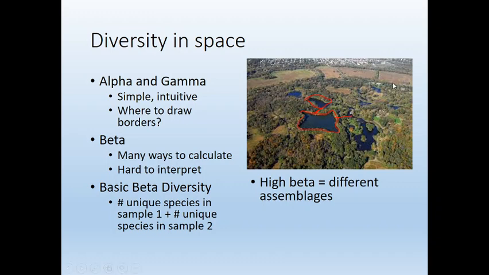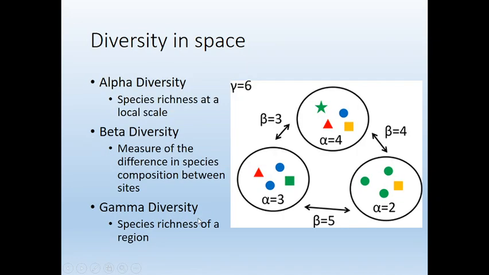And just the most basic way to represent that is the number of unique species in sample one plus the number of unique species in sample two, and that is what we did over here, right? The beta diversity of 3 here was just looking at the green square 1, the star 2, and the yellow square 3, and that's how we get that 3.